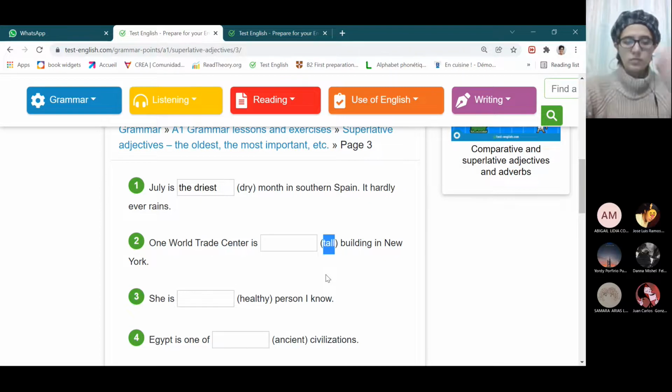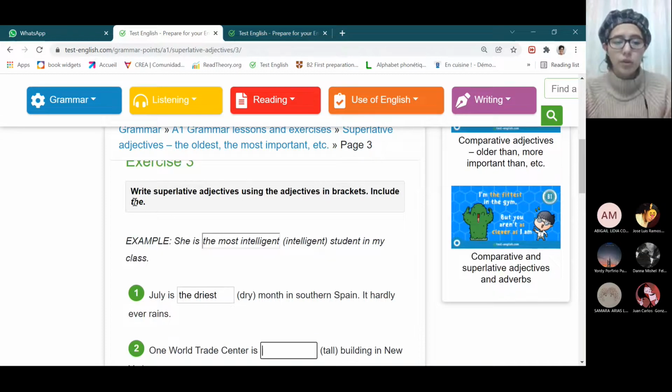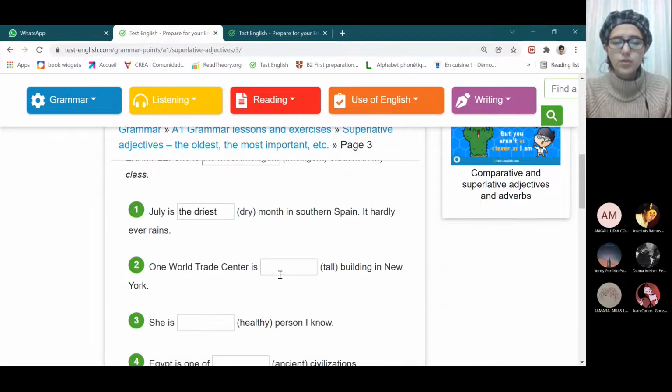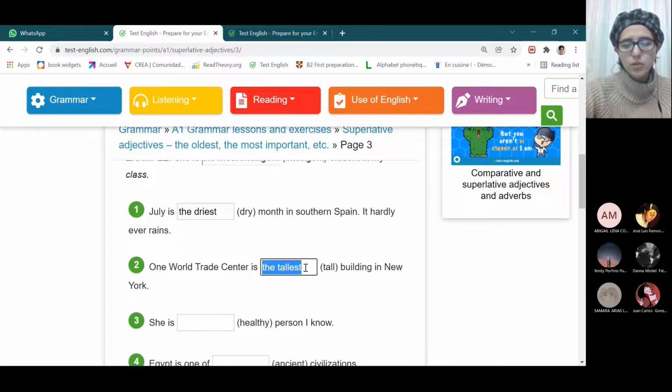Okay, so we need to add the word the. Sí, cuando hablamos de superlativos vamos a escribir this article, the. So we're going to say, yes, Jose Luis, can you read this? The tallest. Yes, tallest. Can you read the complete sentence?